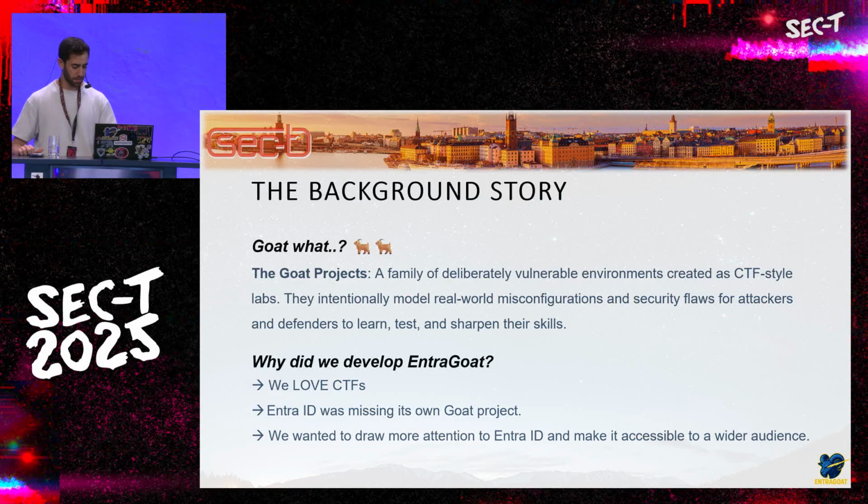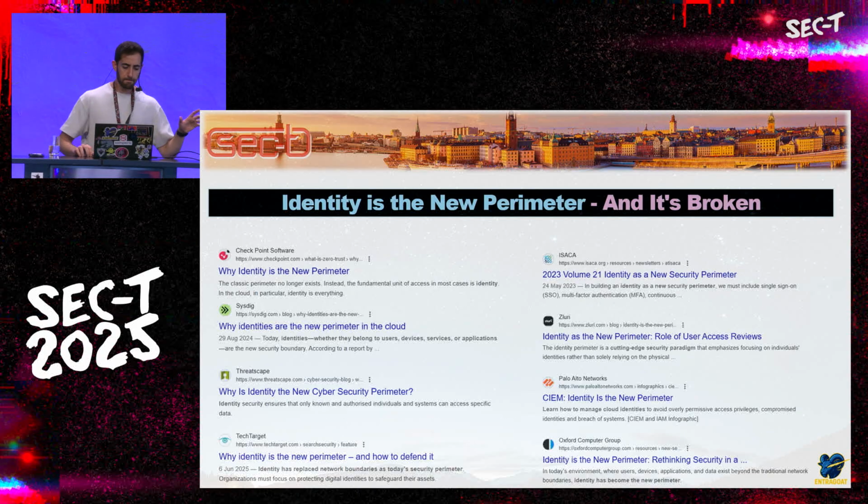So let's get started with the theoretical background. "Identity is the new perimeter" has been very popular in the last couple of years, maybe even 3 years, because if you get valid credentials, you don't need any sophisticated exploit to bypass the defenses, because you have credentials.